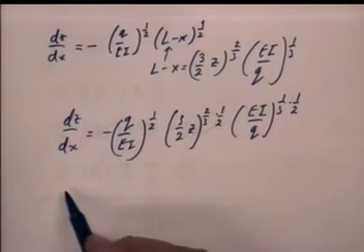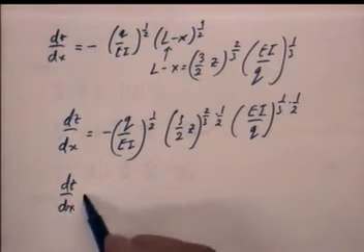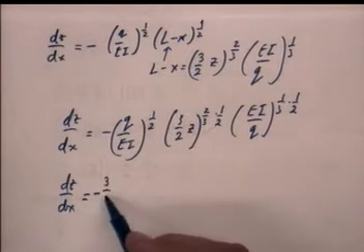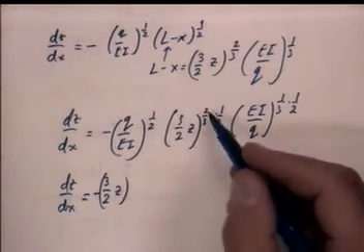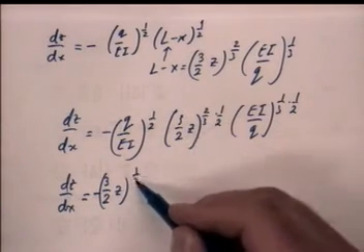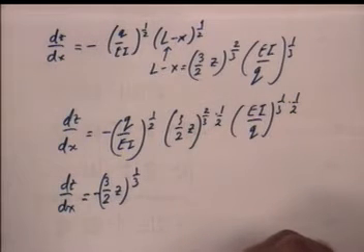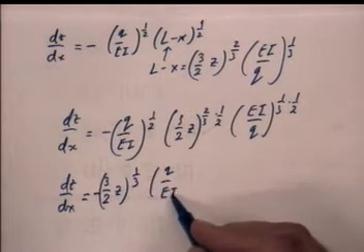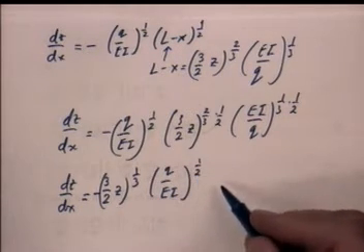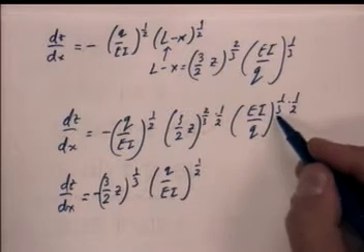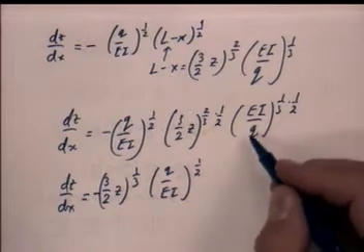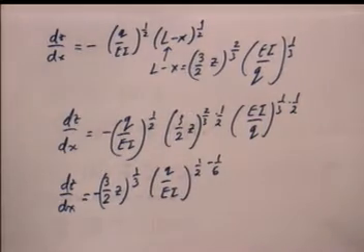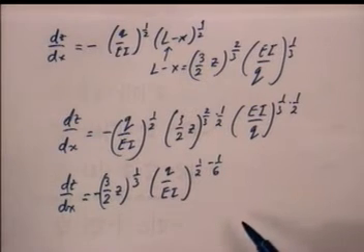Okay, so this gives us dz dx equals minus 3/2 z in power 2/3 power 1/2, that is 1/3. Now q over EI in power 1/2 times q over EI in power minus 1/6. Yes, because that is the opposite.